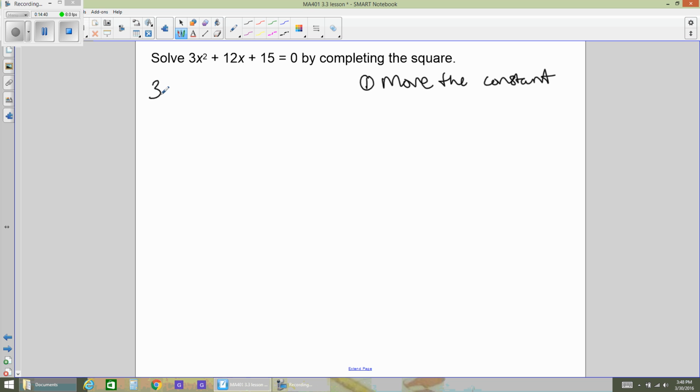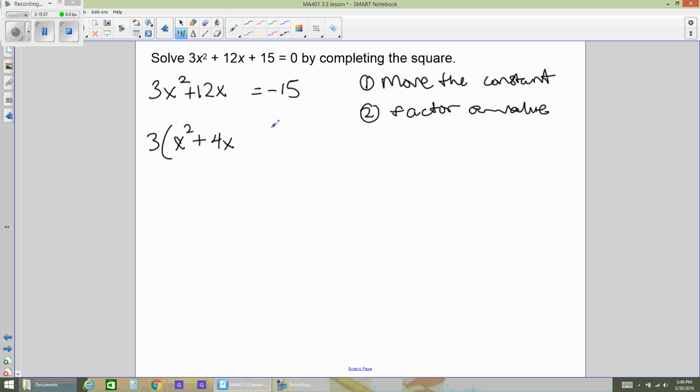So I have 3x squared plus 12x equals negative 15. Step 2, check your a value, and guess what? We're going to factor the a value this time. So the 3 factors out, leaving x squared plus 4x.